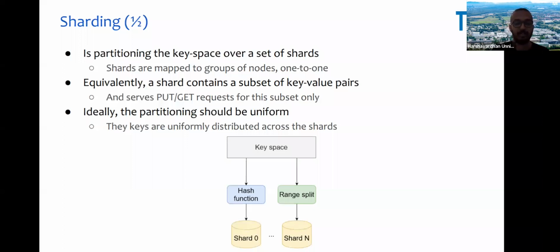A shard is responsible for serving put and get requests to only a subset of key value pairs. Ideally, we would like to ensure that the key value pairs are distributed in a uniform manner across all shards. Two ways to distribute keys across shards include using a hash-based partitioning scheme or a range-based partitioning scheme.